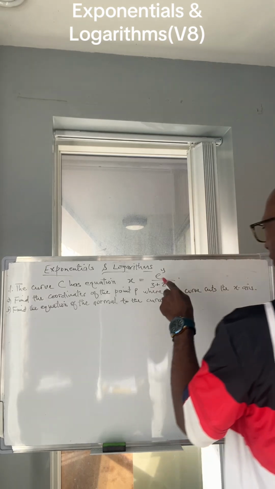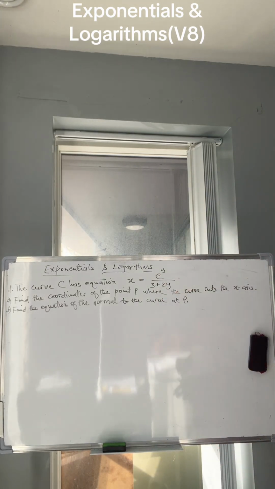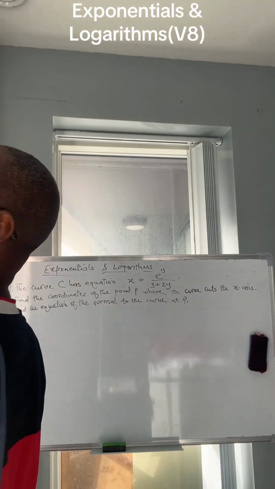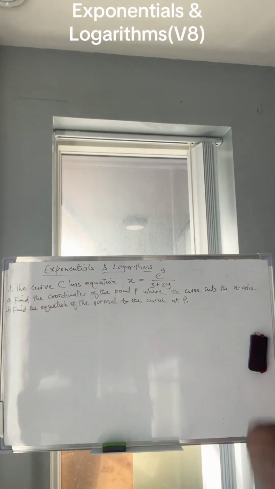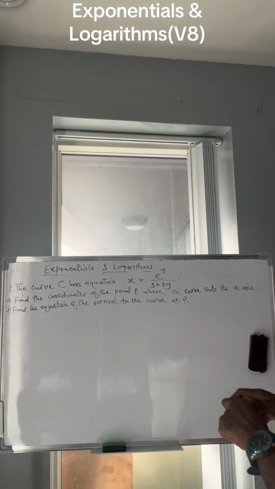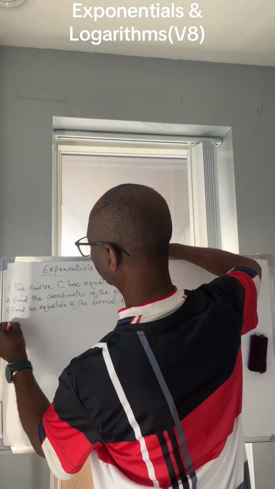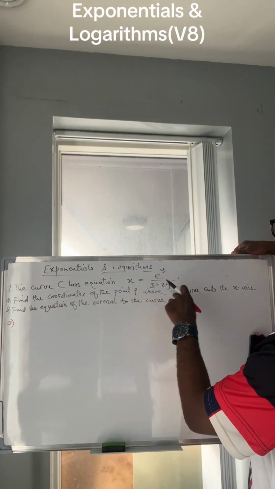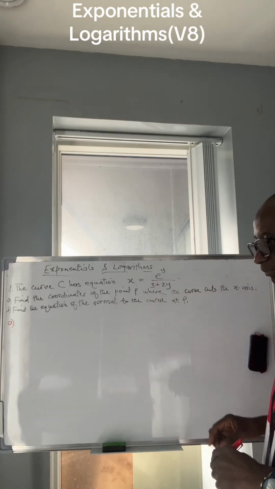We are not asked to sketch this curve. In fact, it's a very complicated curve to sketch. So let's solve this problem step by step. Let's look at the first part. A says find the coordinates of the point P where the curve cuts the x-axis.